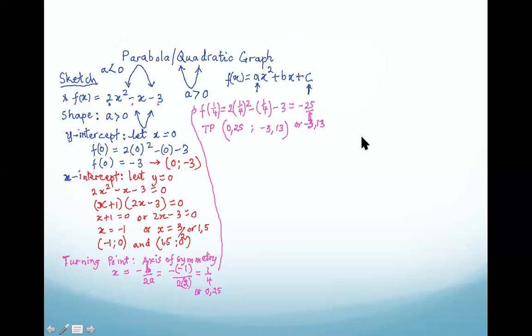You know that you already have the x-intercept and the y-intercept. You have the turning point, and then you have the shape.